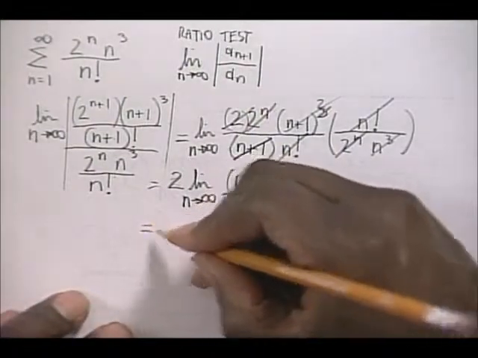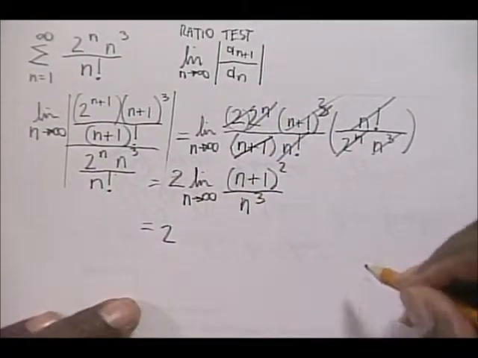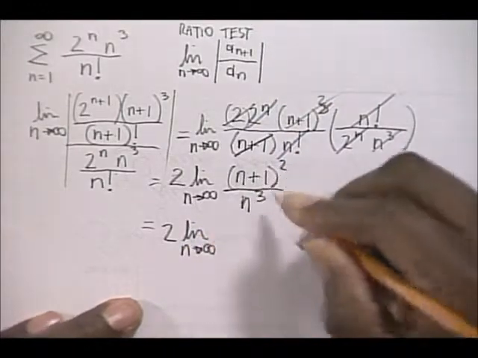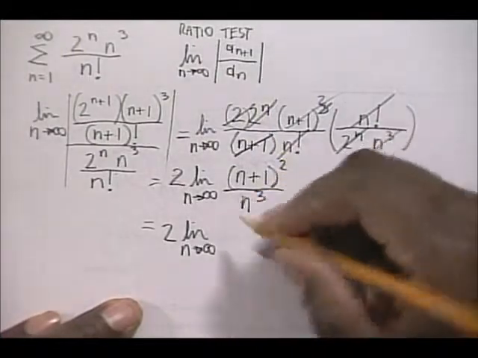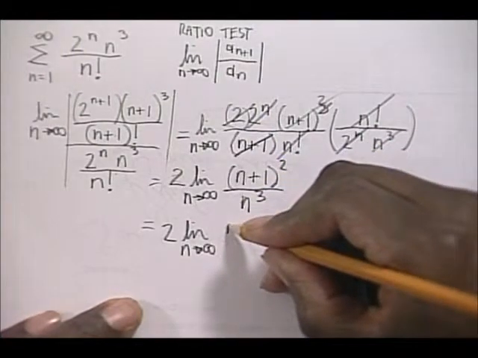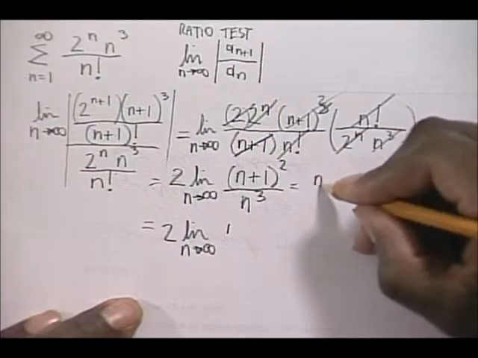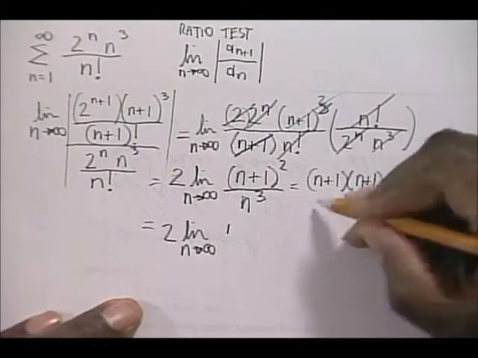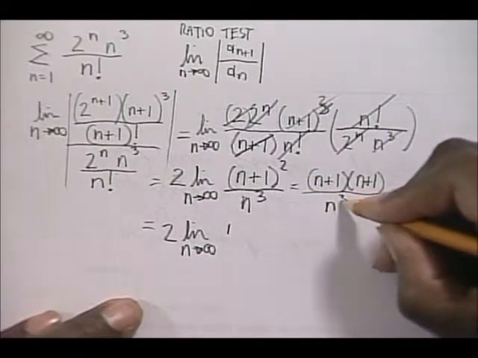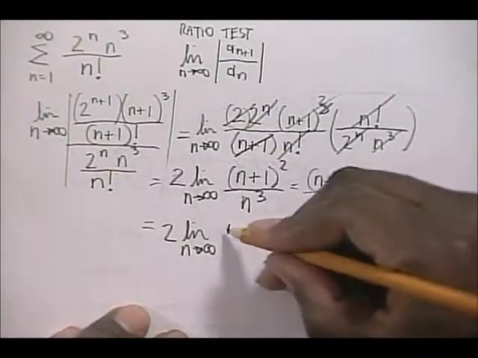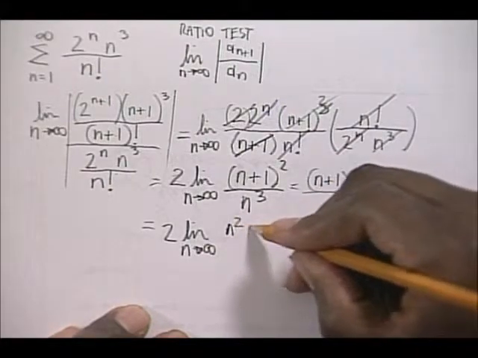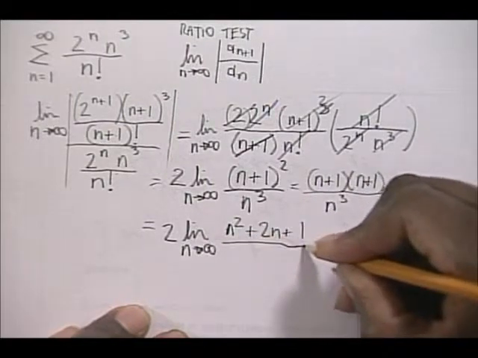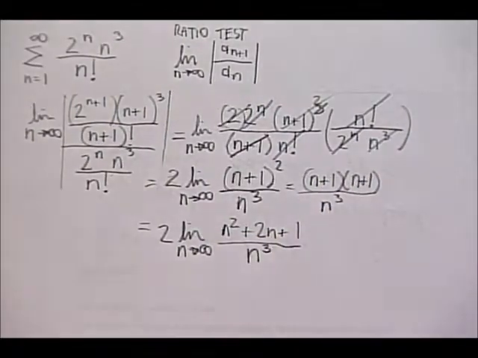All right, so now what you want to do is evaluate this limit. So what you have is 2 times the limit as n approaches infinity, and you can expand this out. This simplifies to n plus 1 times n plus 1, and that is over n cubed. All right, so what you have is n squared plus 2n plus 1, being divided by n cubed.